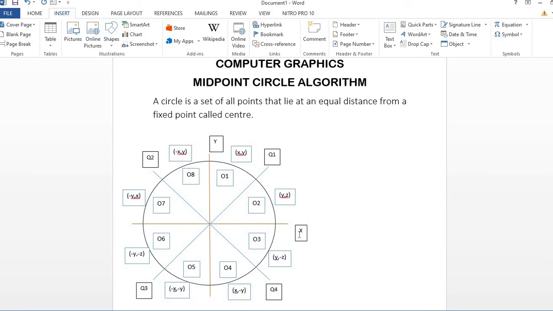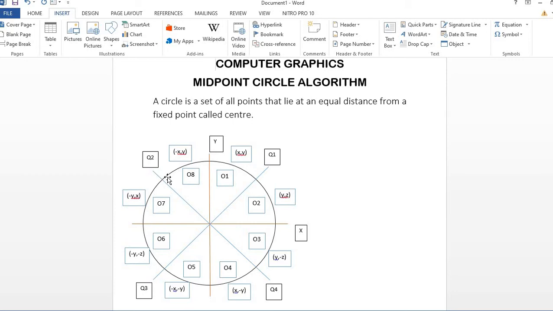The vertical line is denoted as the y-axis and the horizontal line as the x-axis. So there are four parts: first part, second part, third part, and fourth part.